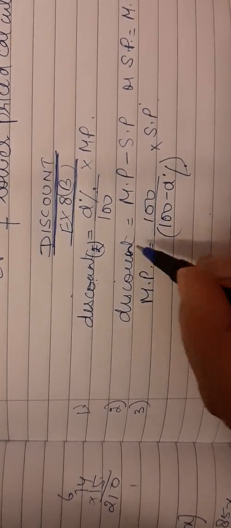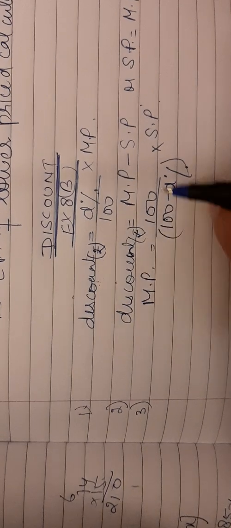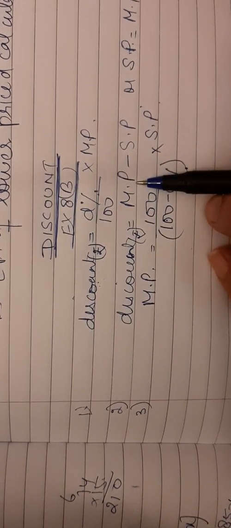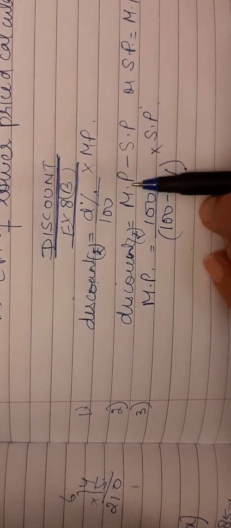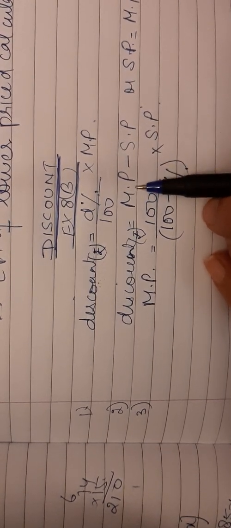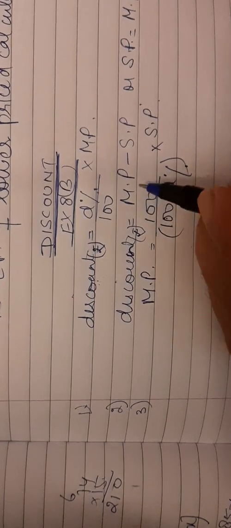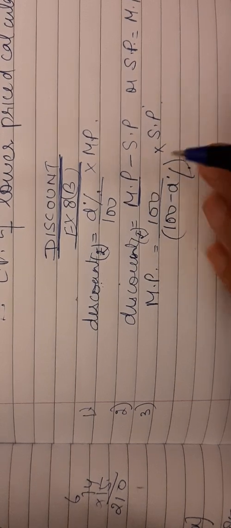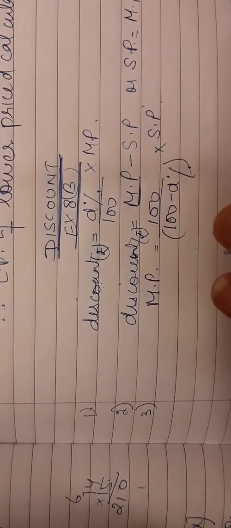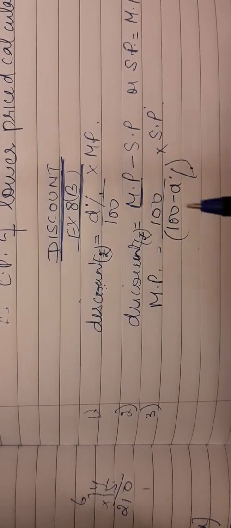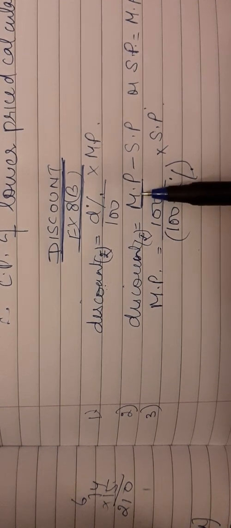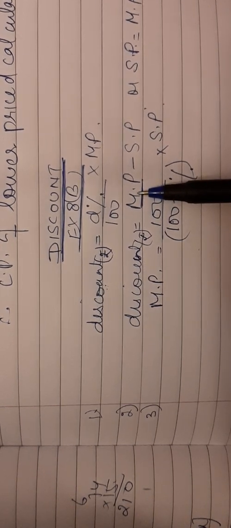And there is one more formula for finding the discount. MP means the mark price; list price, catalog price, basic price mean the same. And what is a mark price? Whatever price the shopkeeper marks on the article, we call that price the mark price. And mark price is always greater than the cost price.